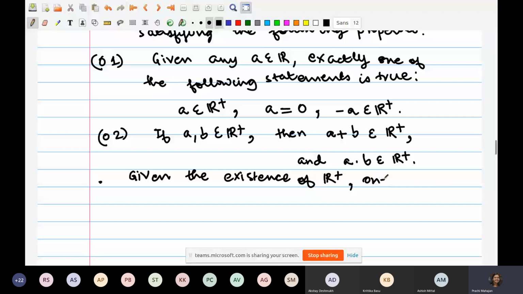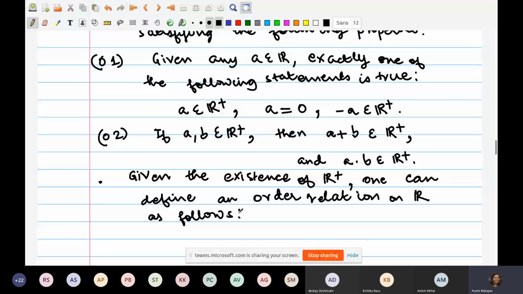So one can define an order relation on the set R of real numbers in the following manner.